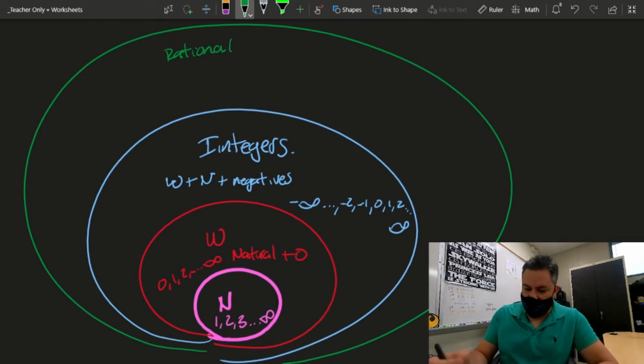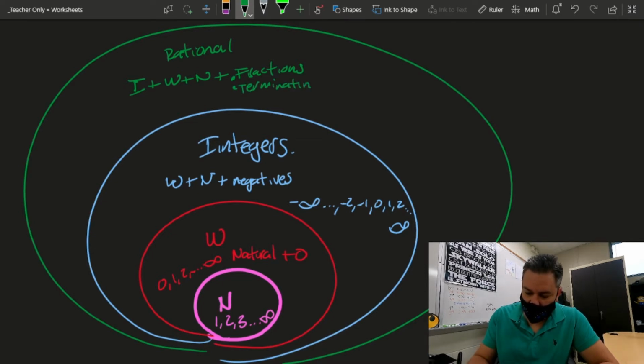Of course, it includes all the integers, plus the whole numbers, plus the naturals. And also, it's going to include fractions, terminating decimals, and repeating decimals.